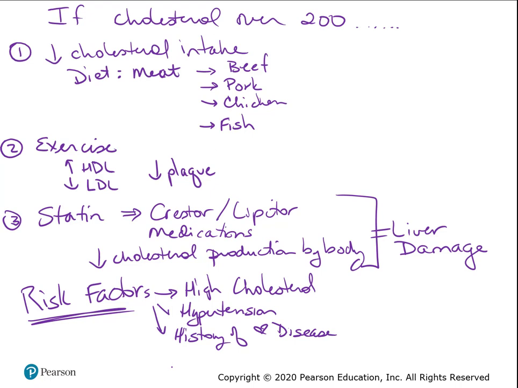So if you go to the doctor and they say your cholesterol is 250 and your LDL is 120 and we're concerned, that might be a legitimate concern. One way that you can help lower cholesterol is to lower your dietary intake of meats.